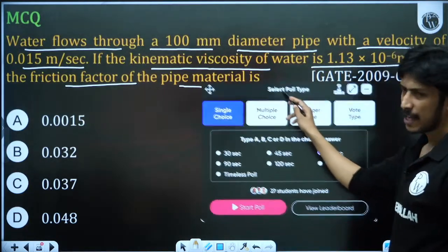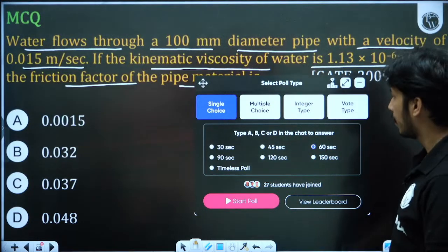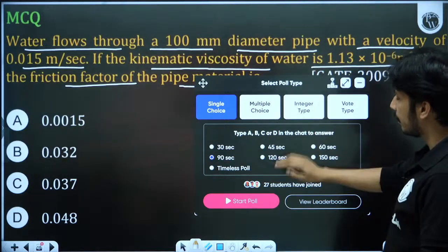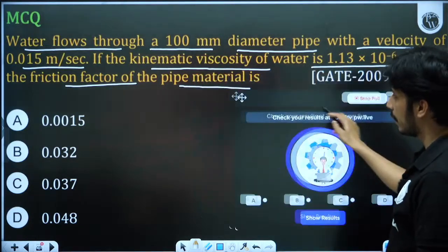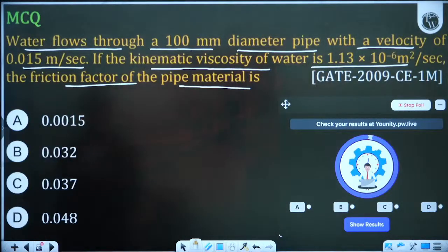Some numerical questions I am also giving you, whether for 1 mark or 2 marks, doesn't matter. Even then I am giving you 120 seconds because it is lengthy. First you have to calculate the Reynolds number, then you will calculate F. So solve this and then we will discuss. 4 to 5 questions we are also going to do more.